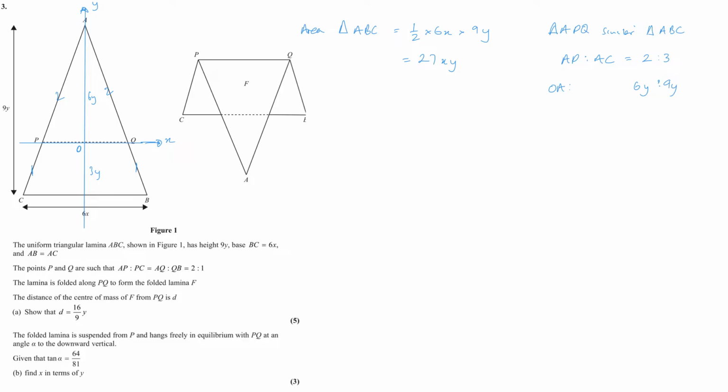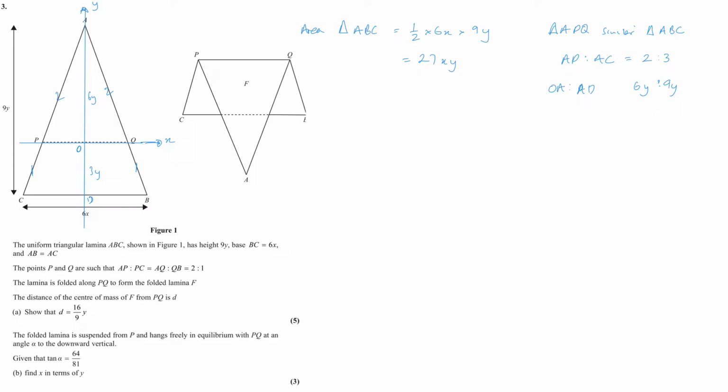I can't think of what letter to call it. But yeah, if I call that D, it'd be to AD, the full length. Okay, so that's what we got so far.